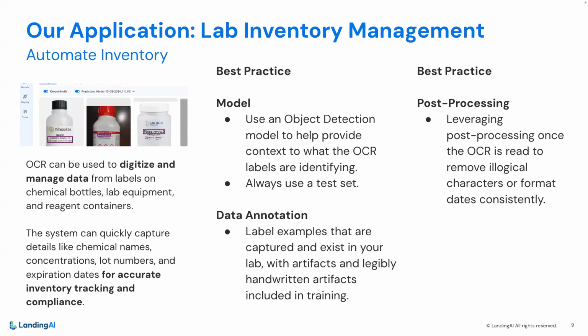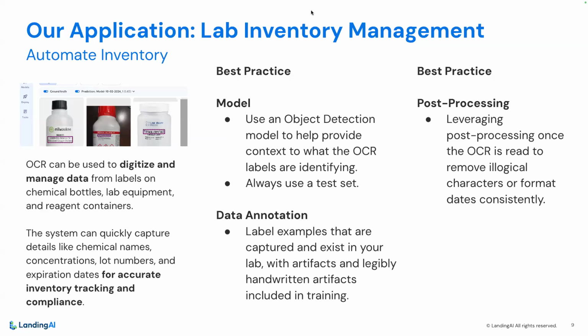So really great application. And now we'll step through how you might leverage models in LandingLens, but also how you can more specifically work with LandingEdge to actually see the information contained within those bottles.